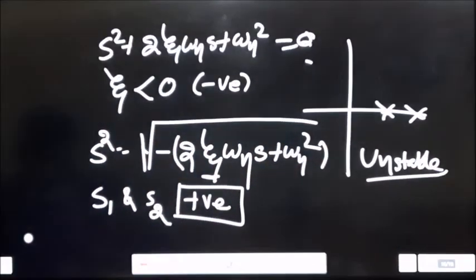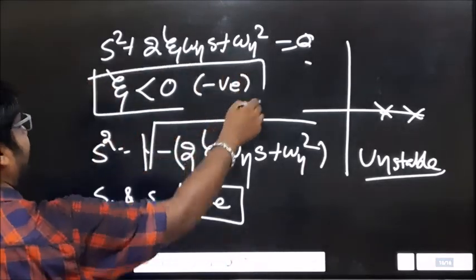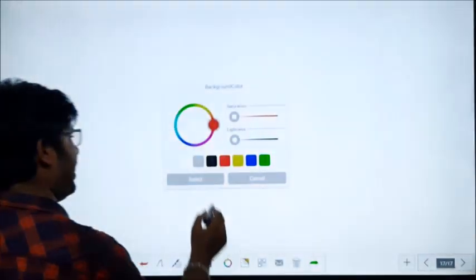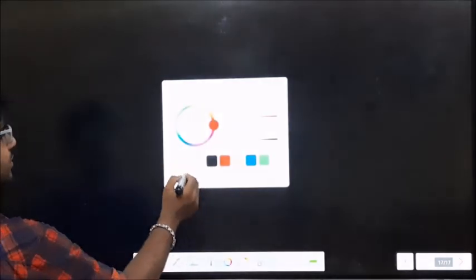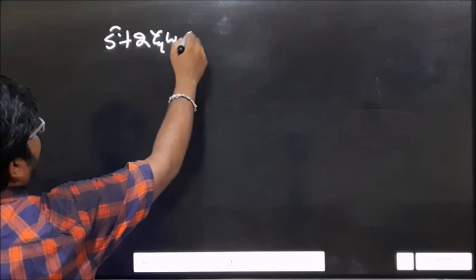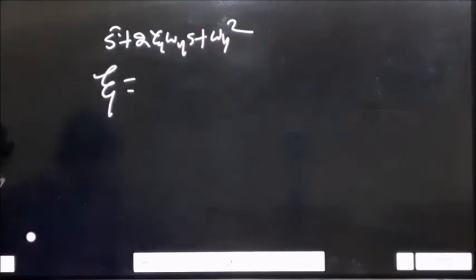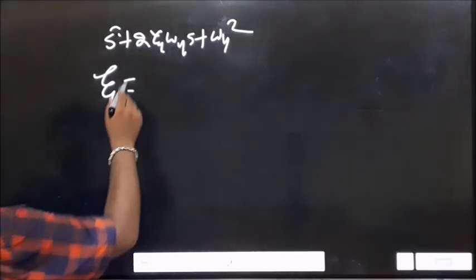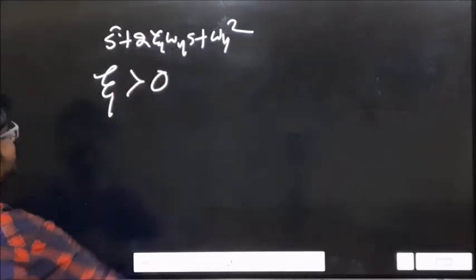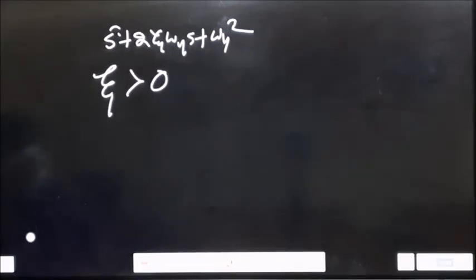Clear? Okay. This is for zeta less than 0. Similarly, if you change the zeta value, let's say zeta is greater than 0, in s square plus 2 zeta omega n s plus omega n square. So we have seen zeta equal to 0 and zeta less than 0. Similarly, we can see zeta greater than 0.